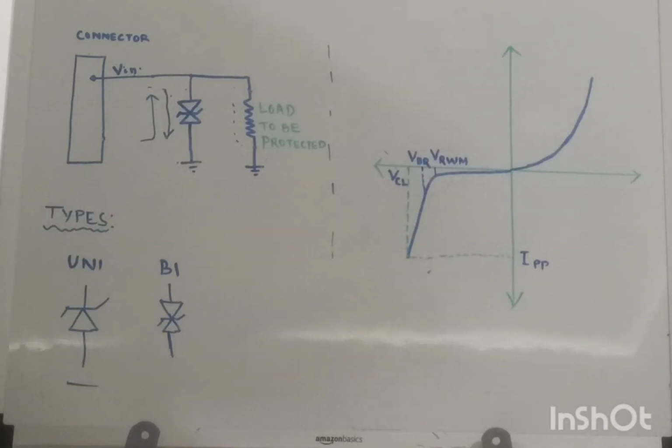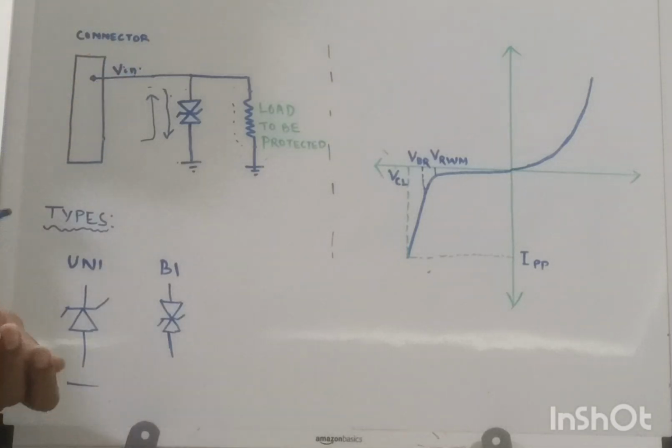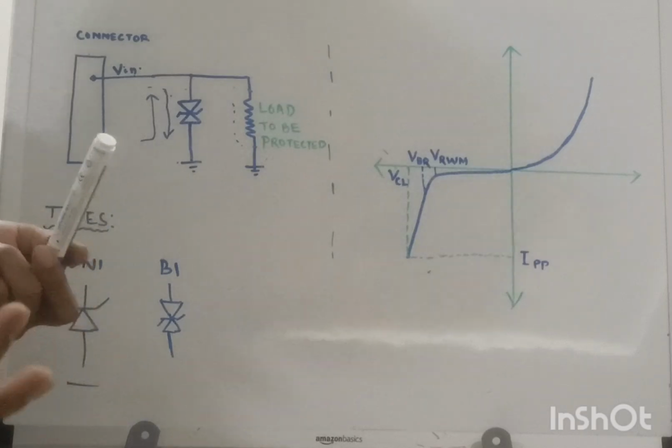For electronic designs, as I mentioned, TVS diodes are used for protecting against electrostatic discharge. Electrostatic discharge as per IEC 61000, usually air discharge or contact discharge, has voltage in kilovolts.